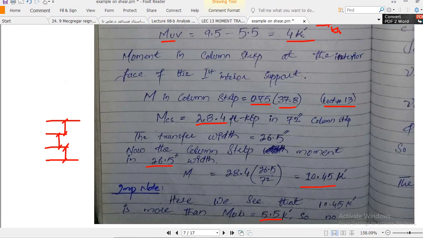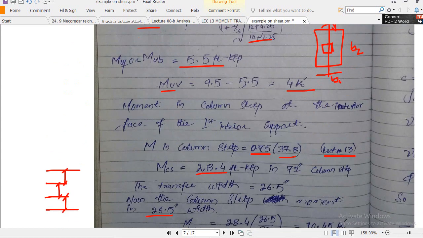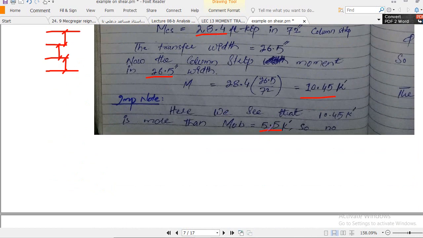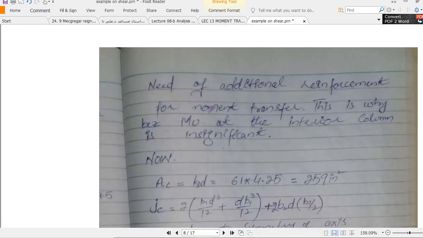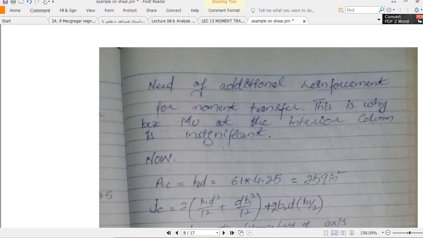The reinforcement which you provide in the column strip for the moment of 28.4 is sufficient to transfer the moment from slab to the column, right? So we don't need to provide extra reinforcement. And it will also give an idea that in the case of the interior column, the unbalanced moment is insignificant, right?